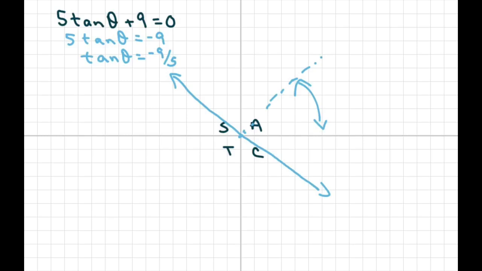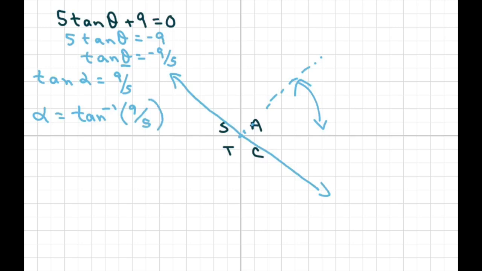So basically what I'm going to do is change my primary angle to alpha and do the absolute value of this. So that's going to be 9/5. So tan of alpha equals 9/5, and to find alpha, you get alpha equals inverse tan of 9/5.